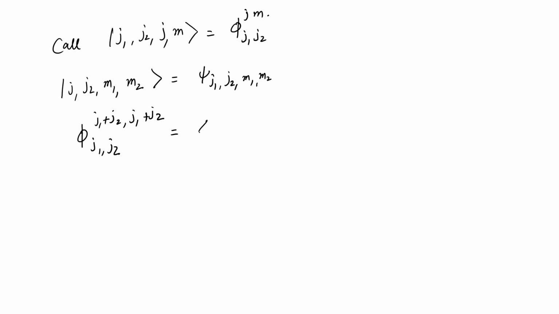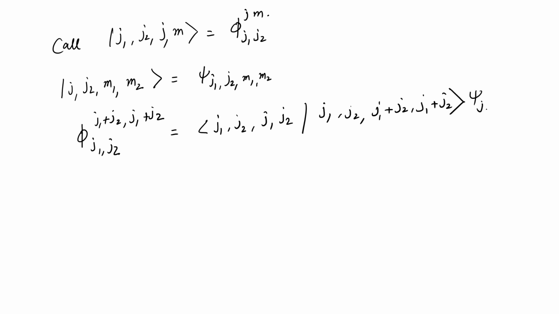This is equal to J1, J2 and J1, J2, and then you have this psi, which is J1, J2, J1, J2. So, we are writing the maximal state.